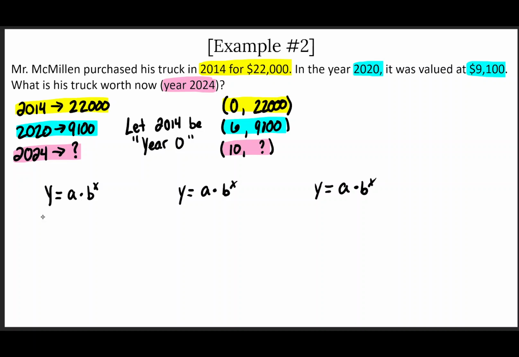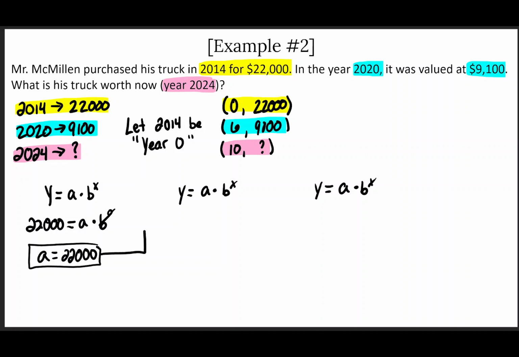If I plug in those yellow numbers, 22,000 for Y times B to the 0. B to the 0 is really just worth 1, so we can cross that off. A is 22,000. And honestly, you could just skip straight to that fact. You could just pull A straight out of the yellow ordered pair.